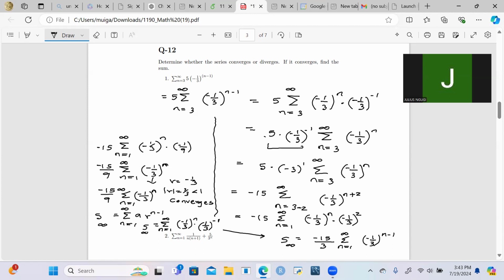So I have brought the 3 inside, and I got this.